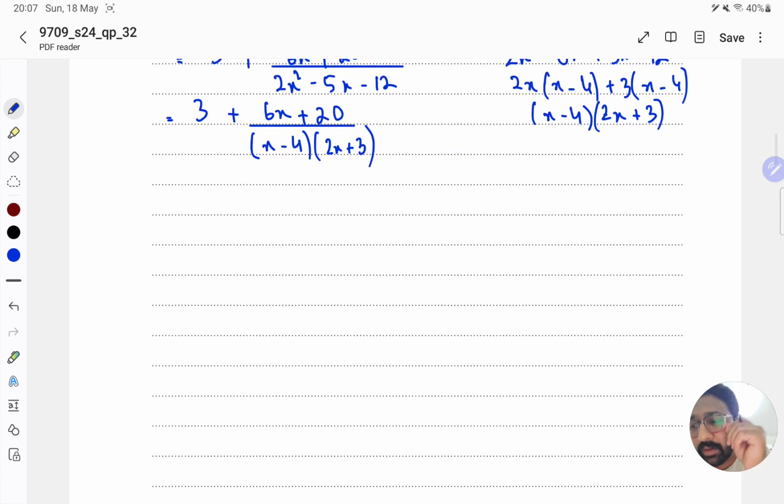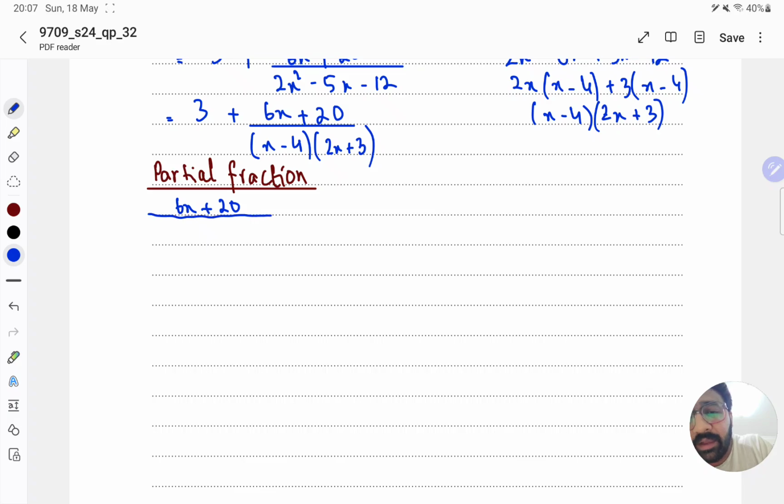Now we have to do the partial fraction of this. So the partial fraction will be 6x plus 20 divided by the two brackets x minus 4, 2x plus 3.